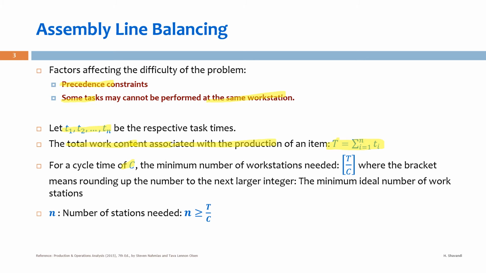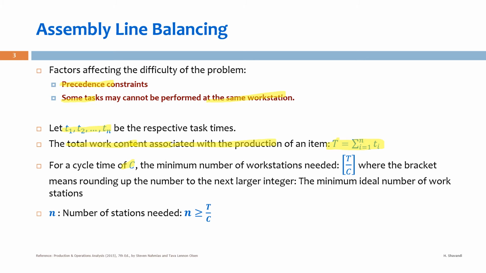Okay, now if we do have a cycle time, what's the definition of cycle time? Cycle time is the time at which we will produce one end item, one product. For example, if the cycle time is 5 minutes, this means that every 5 minutes we will produce one product.